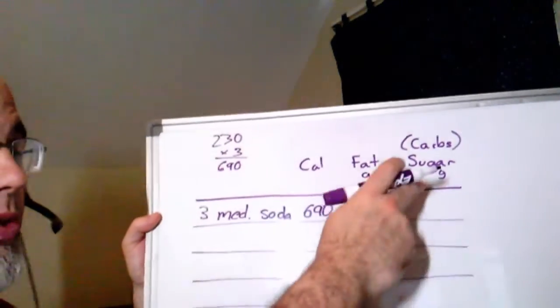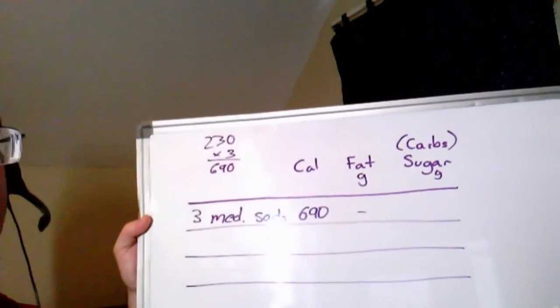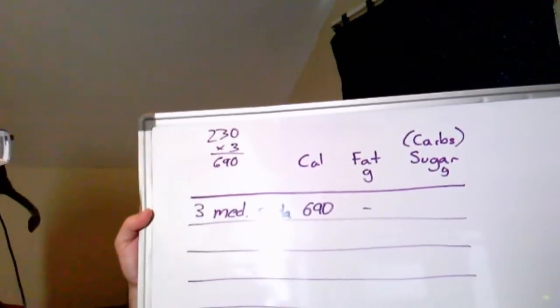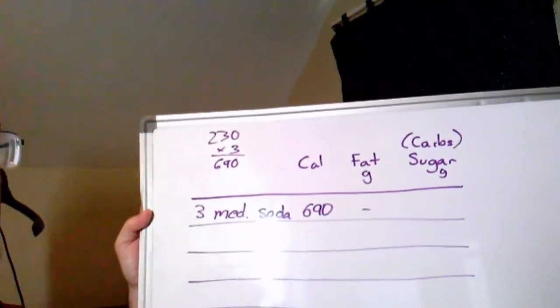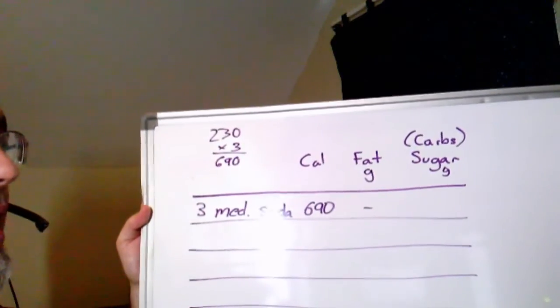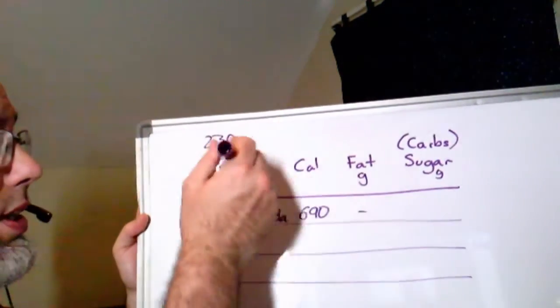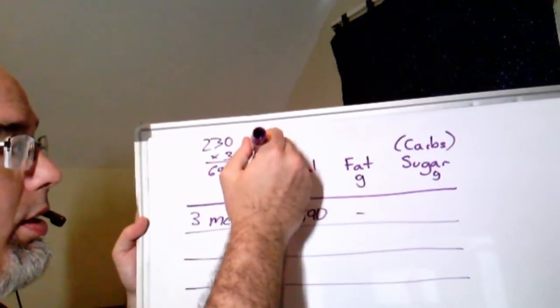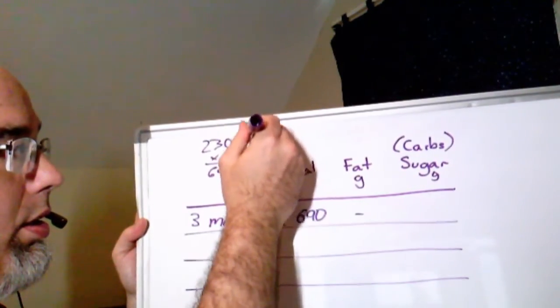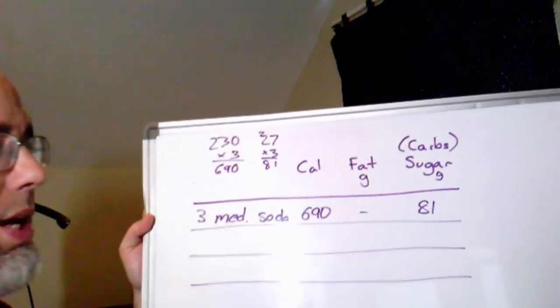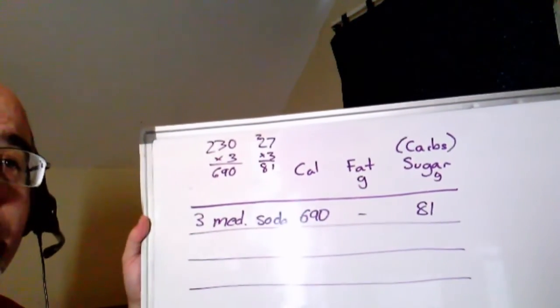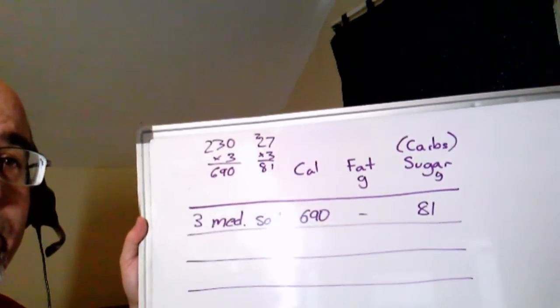But grams of sugar, well, each one of those medium, and once again, I'm just making up a value here, has about 27 grams of sugar. Well, 27 times 3 would be 81 grams of sugar just from the soda.